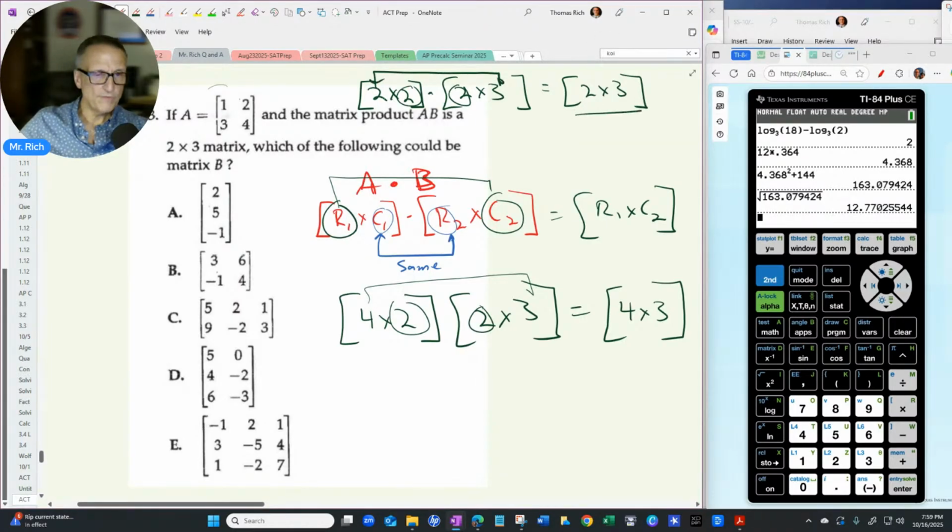So which of these matrices is a 2-row by 3-column? There's only one. It's this one. You've got 2 rows by 3 columns.